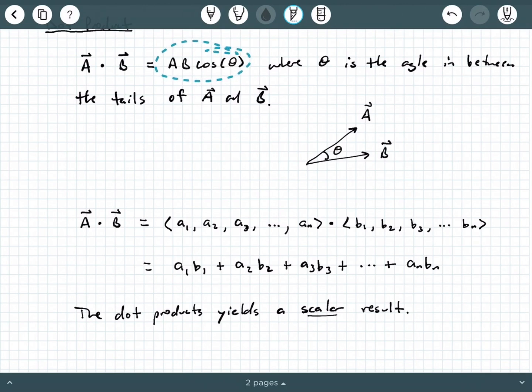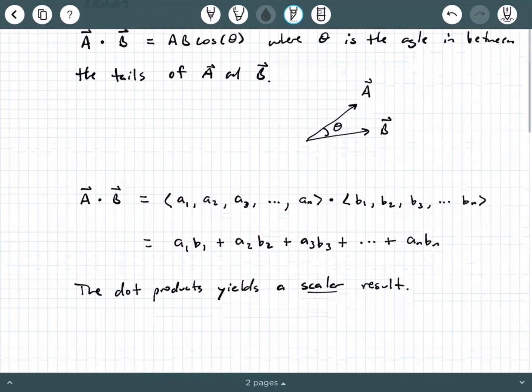This right here, AB cosine theta, that is just a single number. It's a scalar. It itself is not a vector. And then the same thing goes for the other form of the dot product that we've drawn here. When we perform each of these multiplications and then we add each of these terms together, the final result is a single number, not a vector. Okay, so again, the dot product is always going to yield a scalar result.